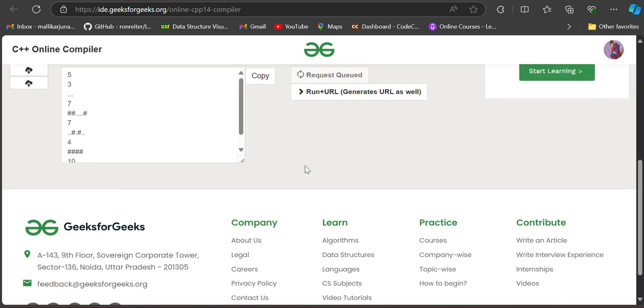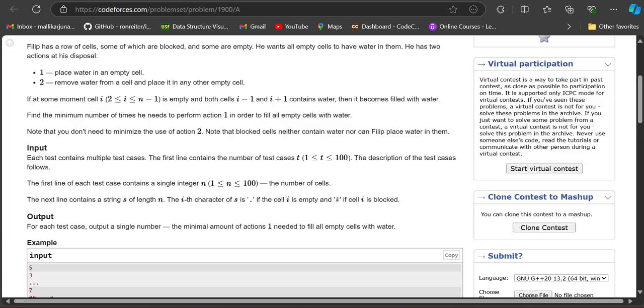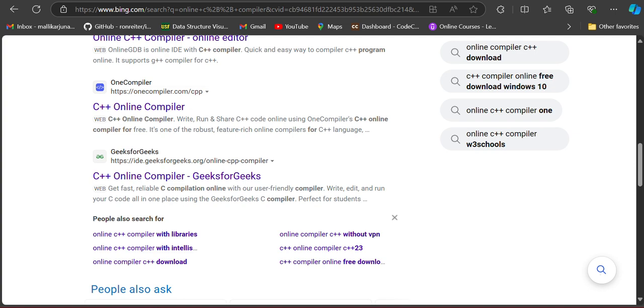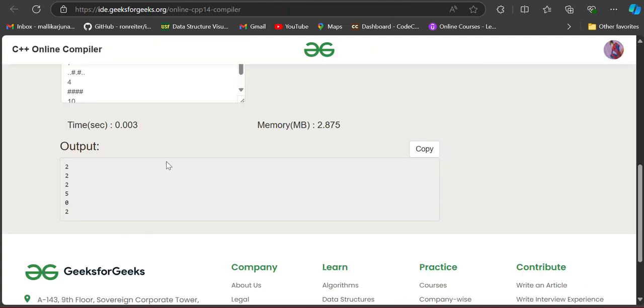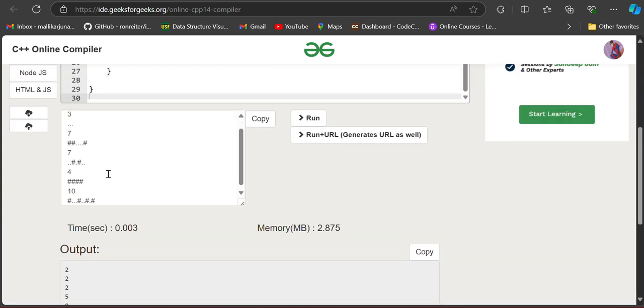3, 2, 1. Okay. It actually gives those three twos, but here 1, 2, 5, 0, 2. So there must be something wrong in my code. But where is it?